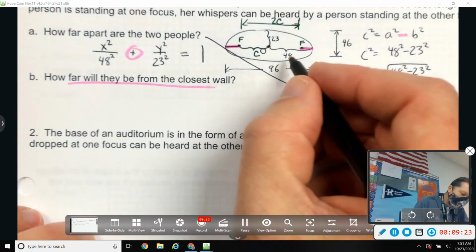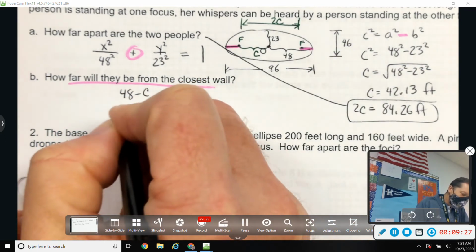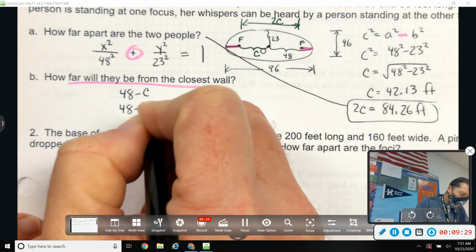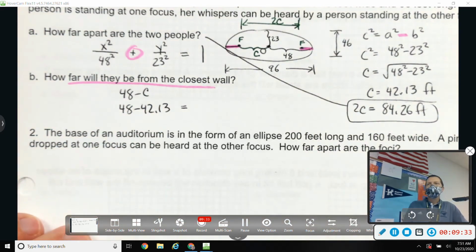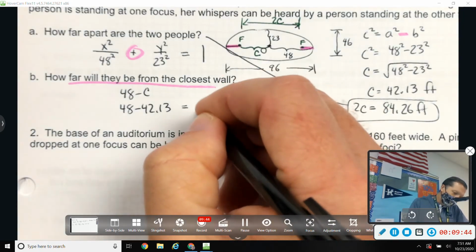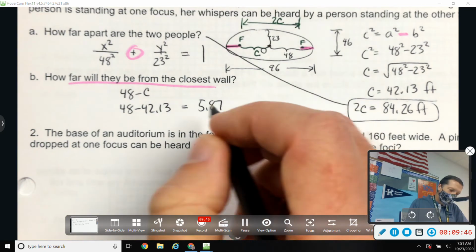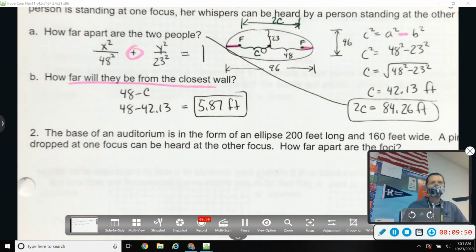Yeah, 48 minus C. 48 minus 42.13. Again, there's no magic formula. You just got to read carefully and look at your picture that's hopefully labeled nice and neat. 5.87. Make sure you put the right units on there. 5.87 feet.